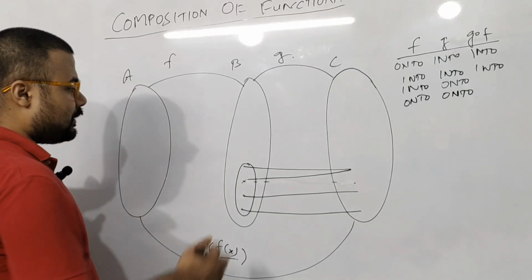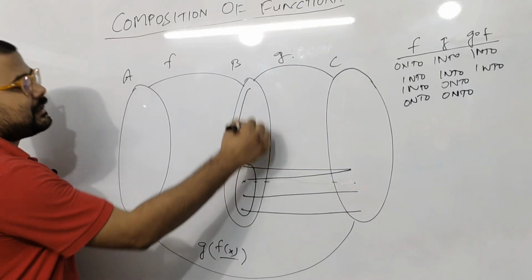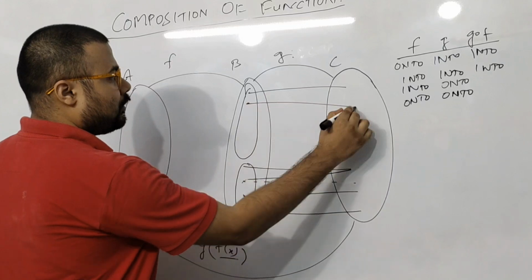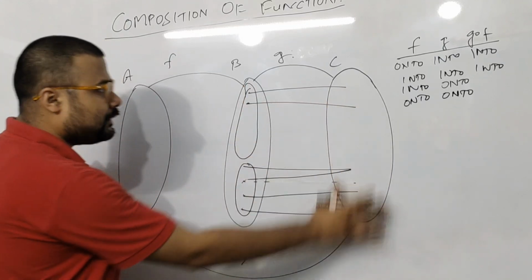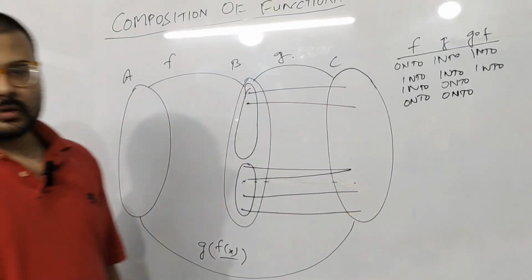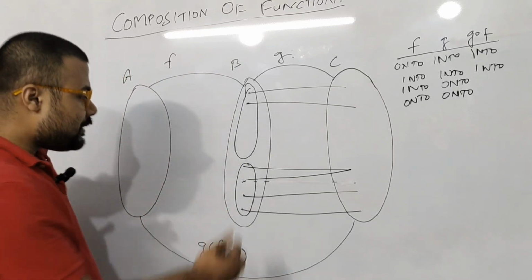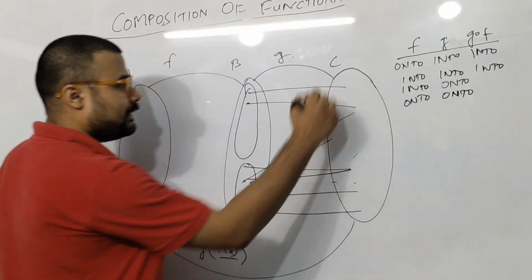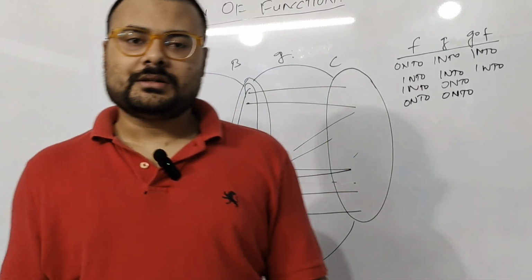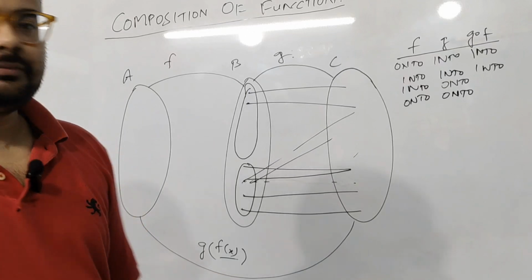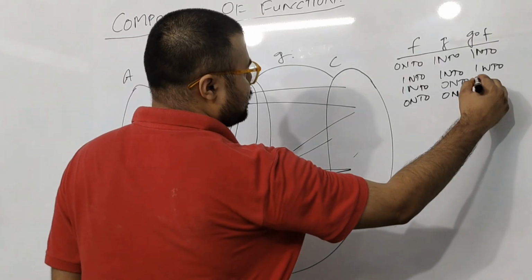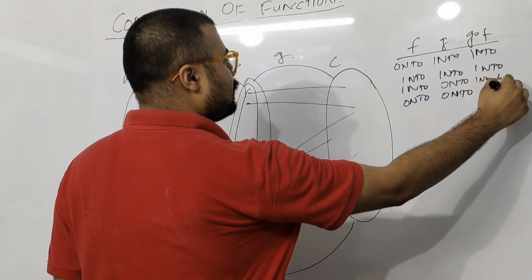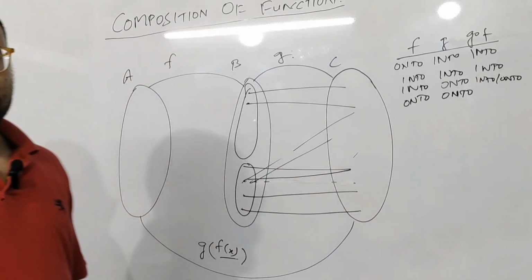You would reason it in this way, that maybe the remaining elements that are in the range, you know, they are mapped to all the elements in C. Okay, and the elements that are out of the range, they are also mapped to within those elements only. Then it is onto. So you can't say it can be into or can be onto. Based on the given function, you will decide.